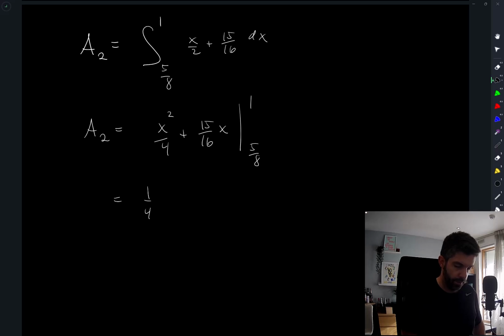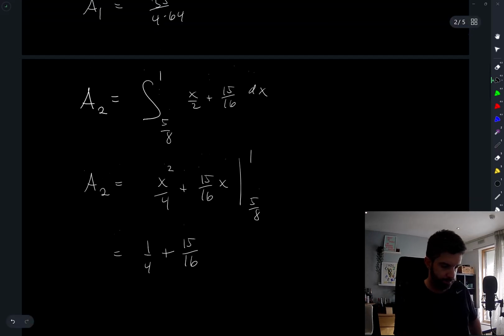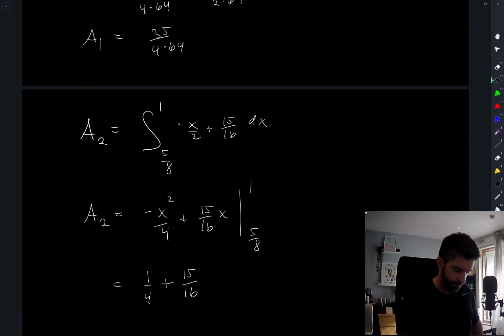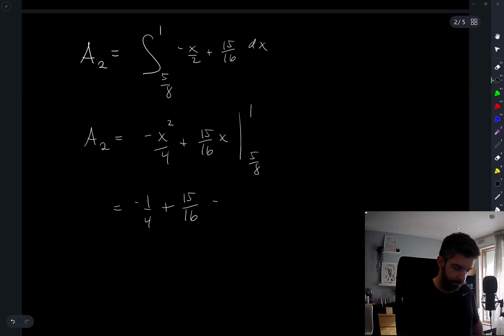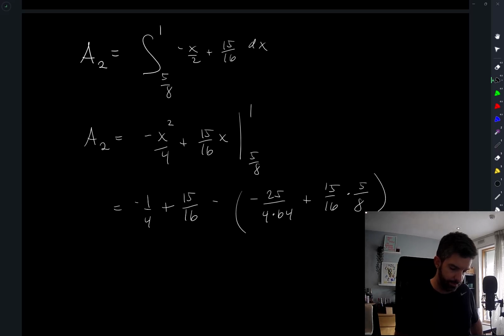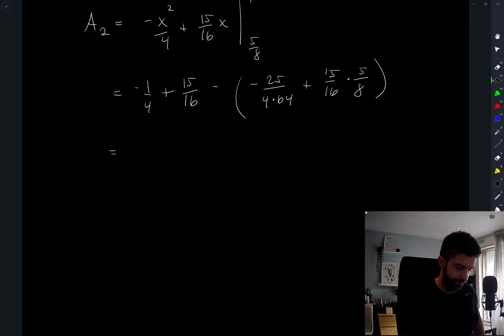One over 4 plus 15 over 16. Wait, negative minus negative 25 over 4 times 64 plus 5 over 16 times 15 over 16 times 5 over 8. Oh.